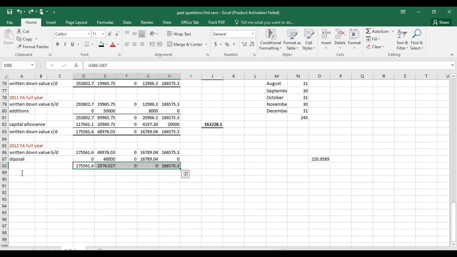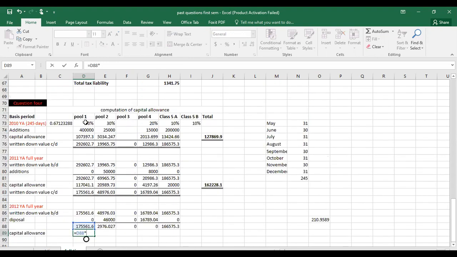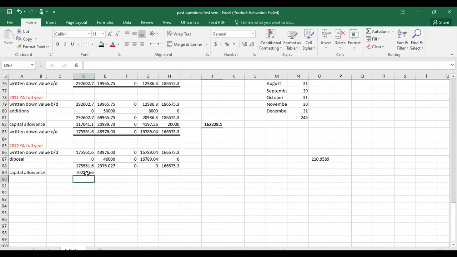Then I grant my capital allowance, which is going to be equal to this multiplied by the 40%. I get this up to here.